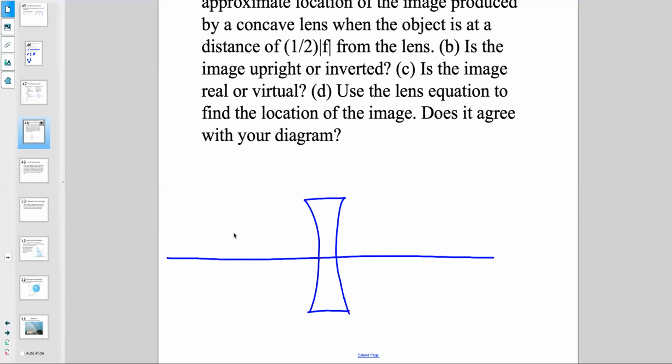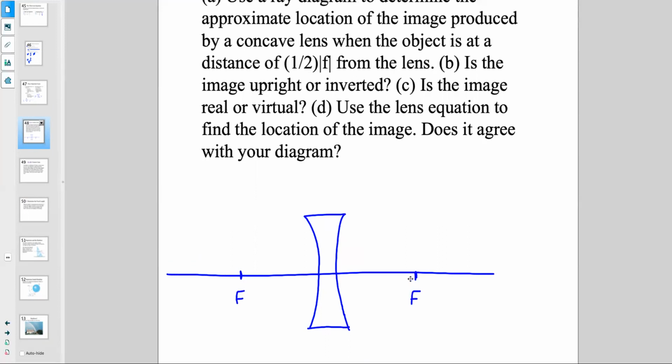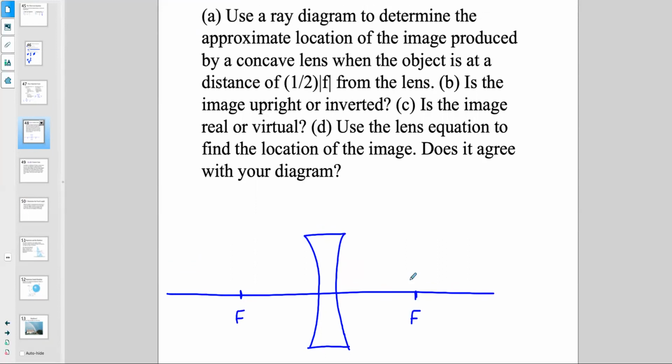And let's say that this is our F right here on both sides, on left and right side. So we have to determine the approximate location of the image produced by a concave lens when the object is at a distance of half of F. So in other words, that's where the object is located, half F. So that's our object from the lens.